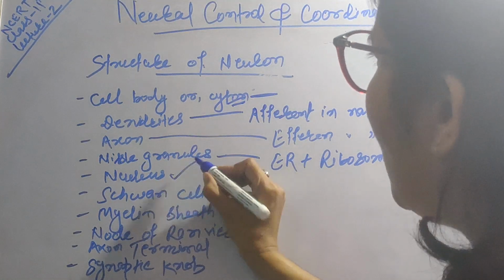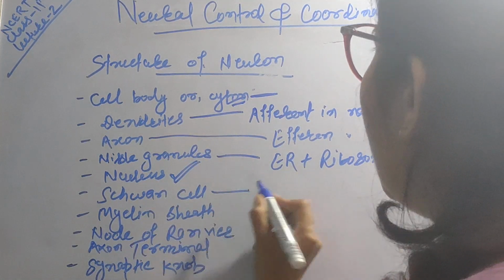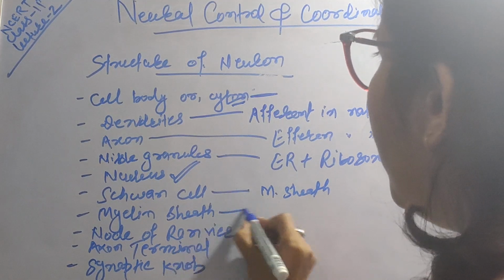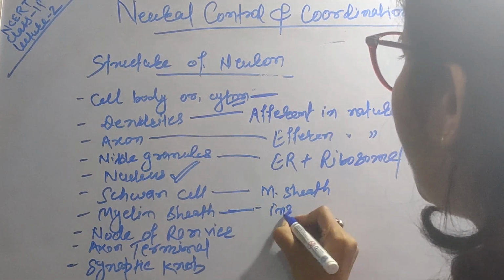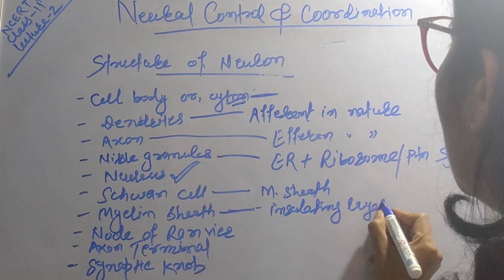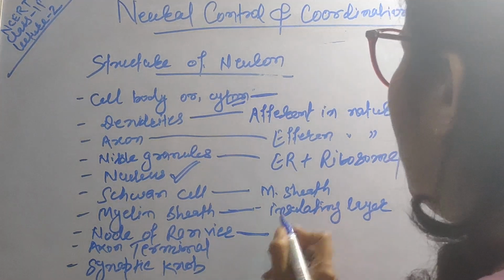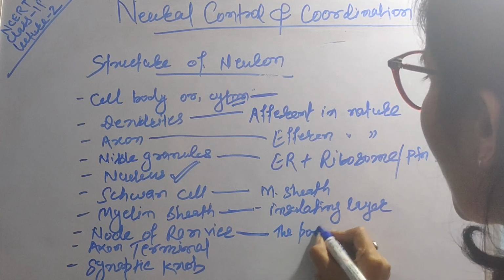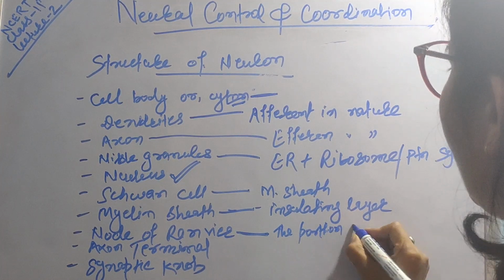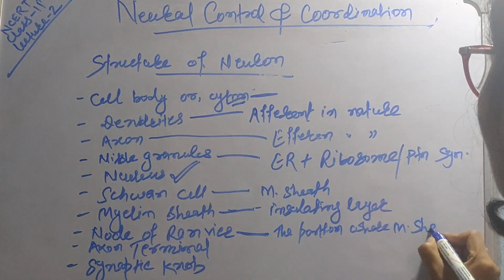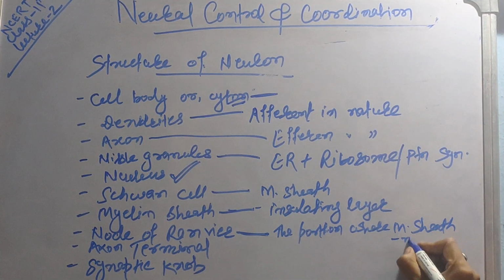Nucleus, you all know, is the center of the cell. Schwann cell synthesizes the myelin sheath. This is the myelin sheath itself, that is the insulating layer. This is the node of Ranvier, that is the portion where the myelin sheath is absent. It helps in conduction of the nerve impulse.